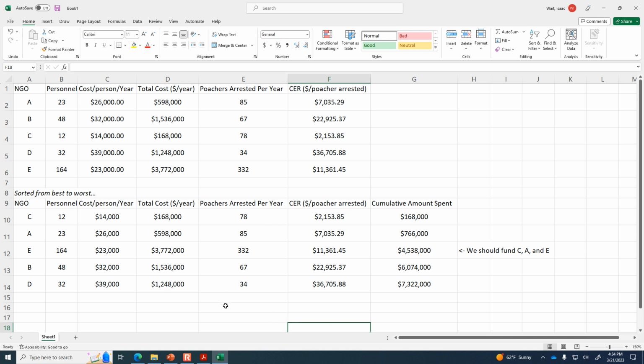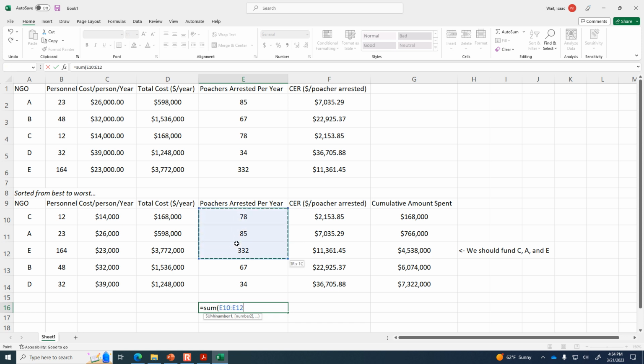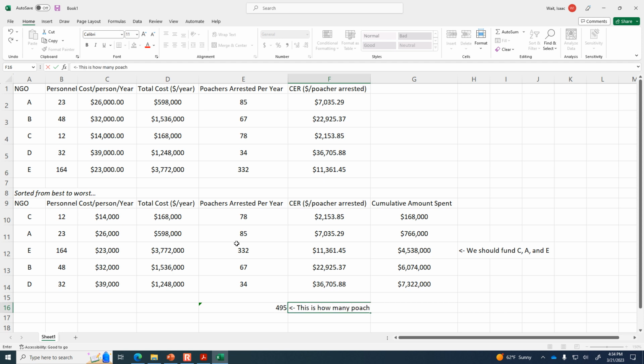So if we find the total of these three organizations, this is how many poachers per year should be arrested if past trends continue.